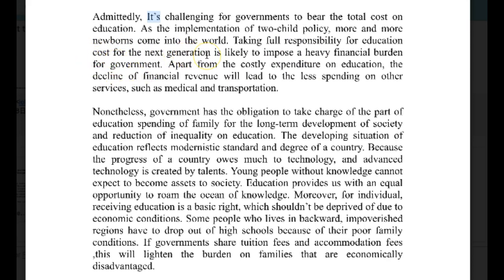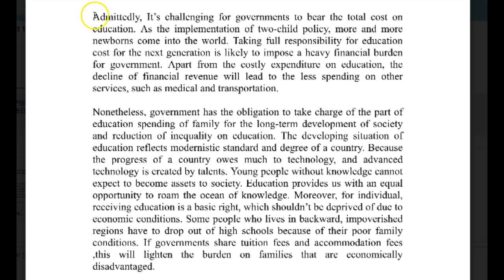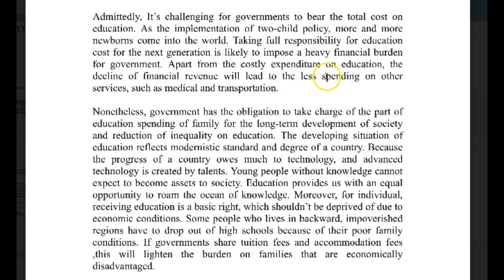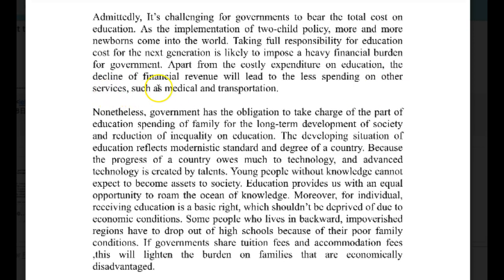Apart from the costly expenditure on education, the decline of financial revenue would lead to less spending on other services such as medical and transportation. Excellent. You do need to introduce an element of hedging, okay? May lead to less spending on other services such as medical and transportation. And here we'd have said medicine, okay?